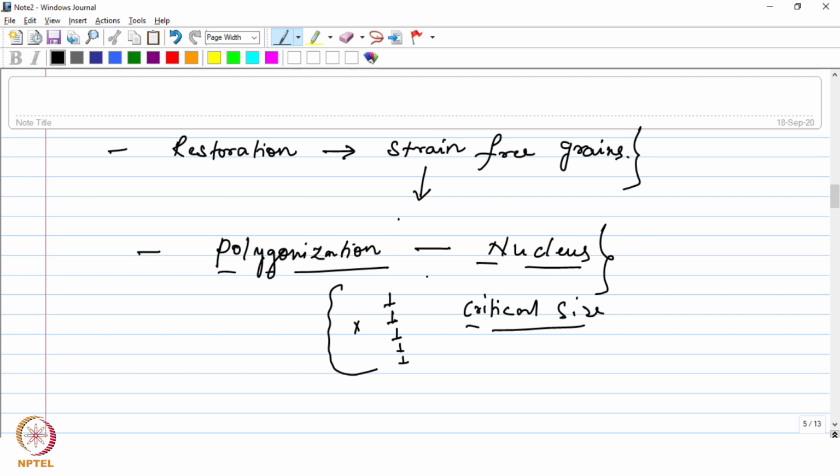Okay, so this is one of the mechanisms of the nucleation of strain-free grains during the recrystallization phenomenon. Okay, but there are other mechanisms also. So let us talk about those and try and understand how it occurs.